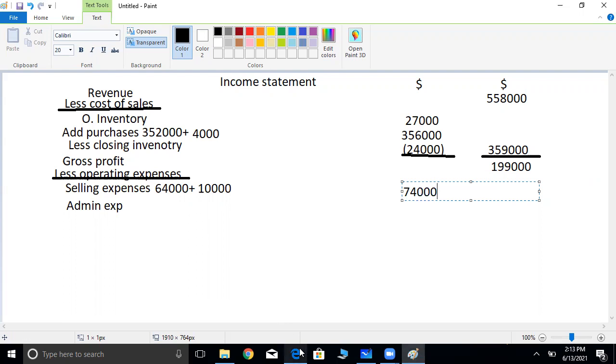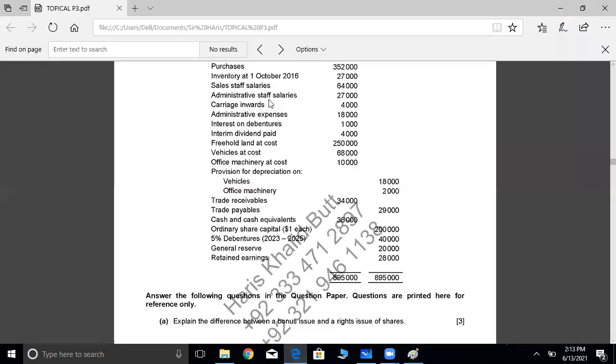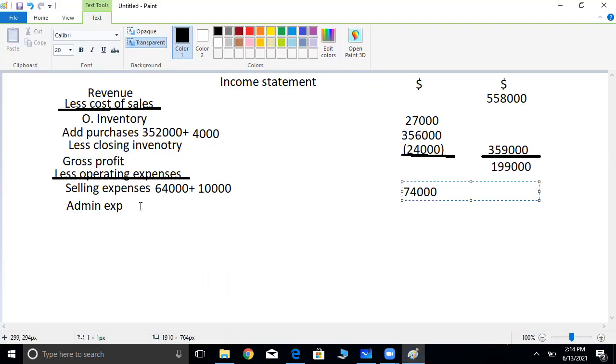Same is the case with admin expenses also. The admin staff salaries of 27,000 will be added to the administrative expense of 18,000, and I will write the total. So I will write the total admin staff salaries, both things, 27,000 plus 18,000. I will not write them separately because in company accounts there are only two expenses: one is known as distribution expense and the other is known as admin expense.